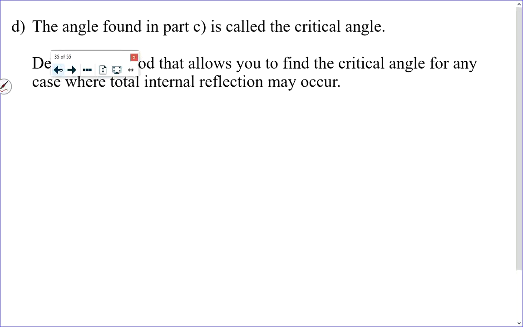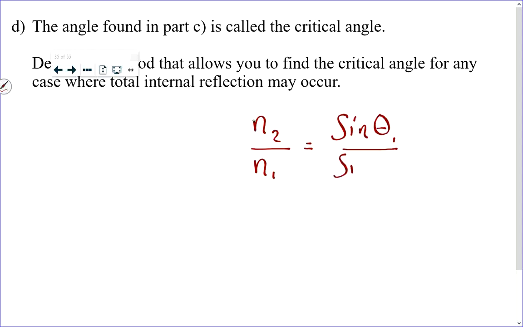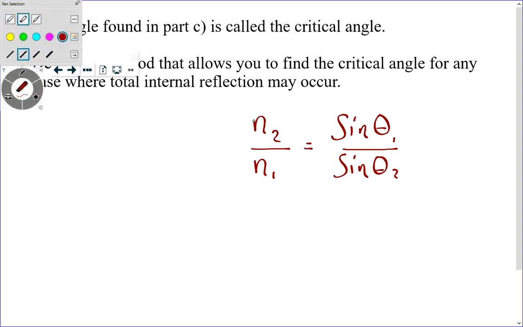It says, how do we find the critical angle? You would start off with n2 over n1 equals sine theta 1 over sine theta 2, but you make theta 1 the critical angle, and you make theta 2 90 degrees.